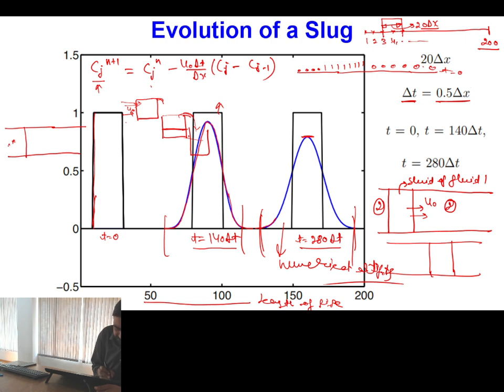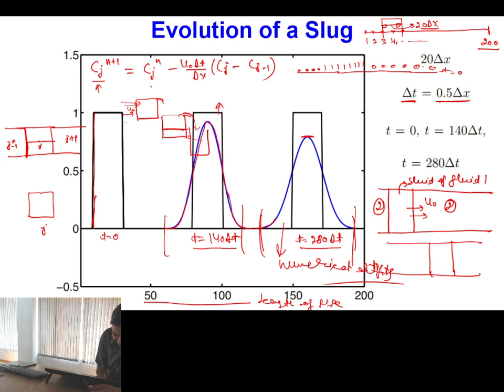If this is your cell j minus 1, this is j and this is j plus 1, then in time delta t, if this interface is moving this much, then in one time step what has happened?